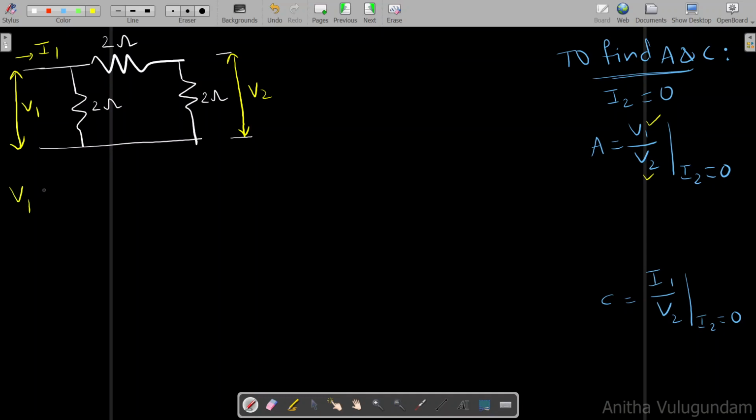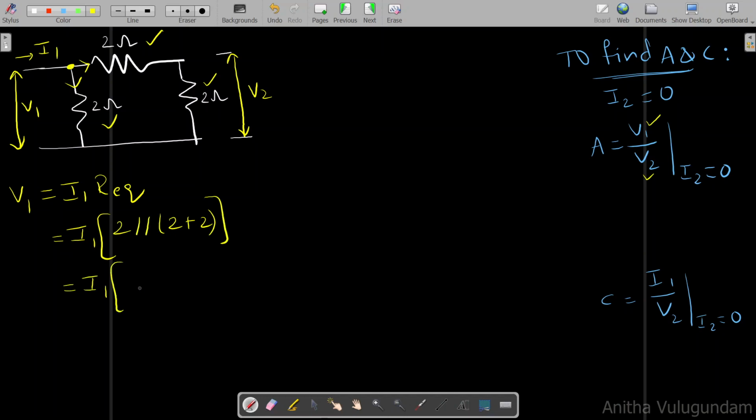V1 can be written as I1 into R equivalent. From the circuit, these two resistors are in series, in parallel with this resistor, because current gets divided at this node point. And I can write R equivalent equal to 2 plus 2, these two in series, in parallel with 2.